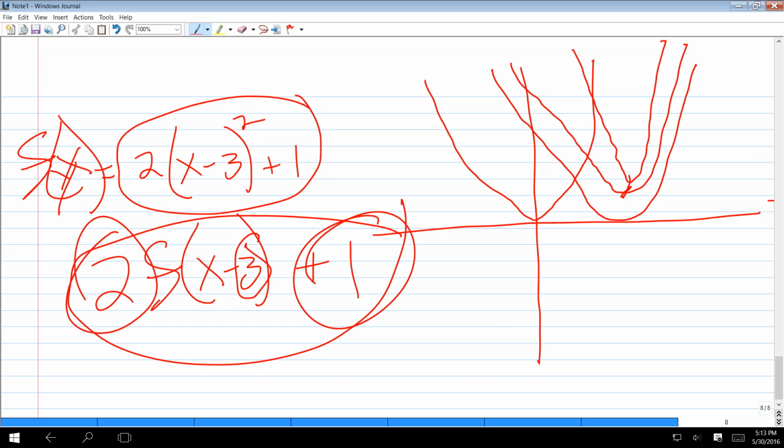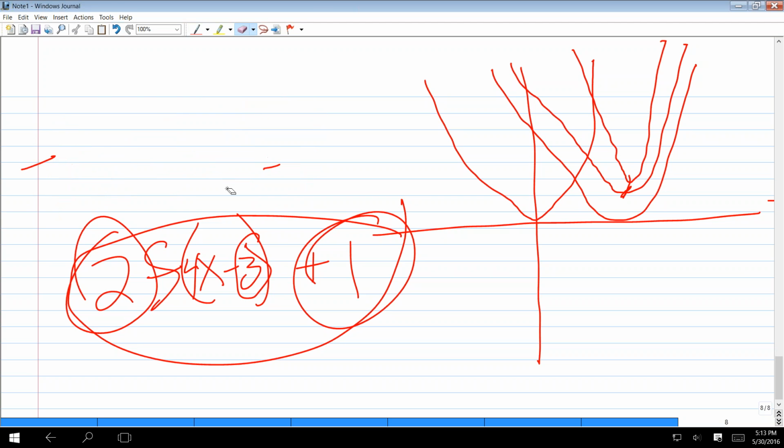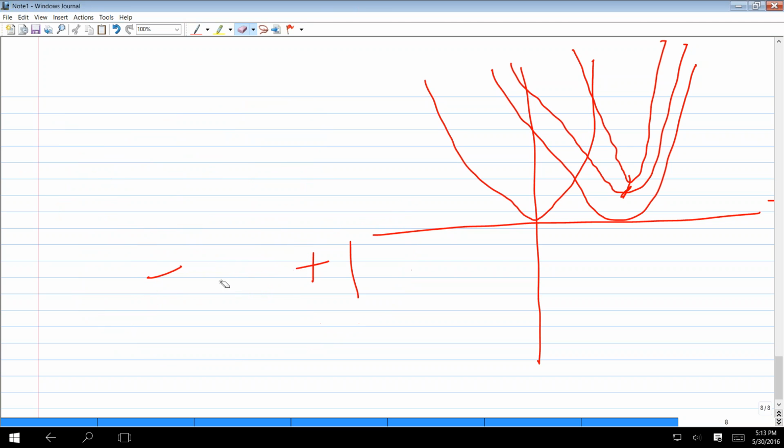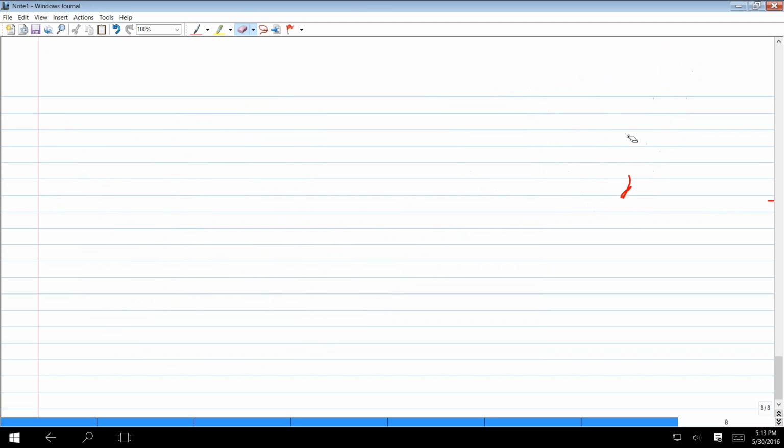If I wanted a horizontal stretch, I'd put a number in front of the x. So I put a 4 right there inside the parentheses, and now I have a horizontal compression also. So it all comes down to how the function looks under f of x notation.